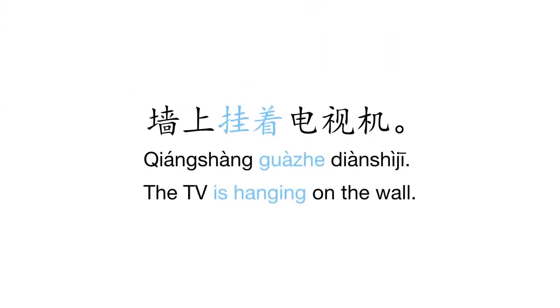And so, for example, you might talk about something that's happening in your house currently. For example, your TV. It's hanging on the wall. So, wall is 墙上, 墙上. 墙, and then you usually would say that what's on the wall, so 上, right? So 墙上挂着电视机. So 挂 means to hang, 挂着 is hanging. So a lot of things that are hanging around your apartment are always in that state, and using 这 is appropriate.